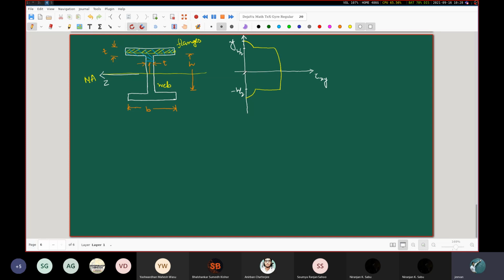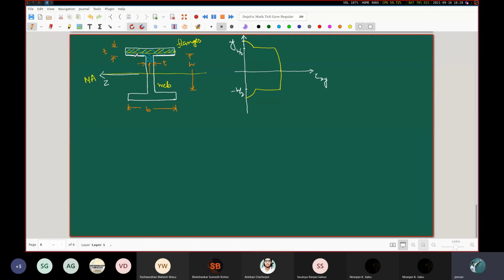Furthermore, you note that if you focus your attention on this level, okay, on this bottom part of the flange. Now on the bottom part of the flange, the tau yx value is going to be 0 because there are no shearing forces acting on this part or on this part, which means that the tau yx value there is 0.